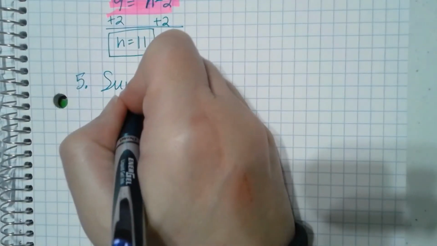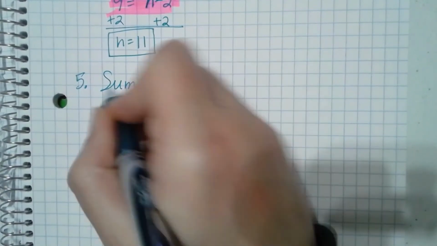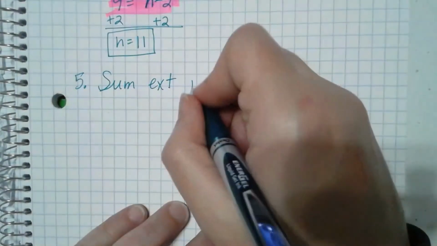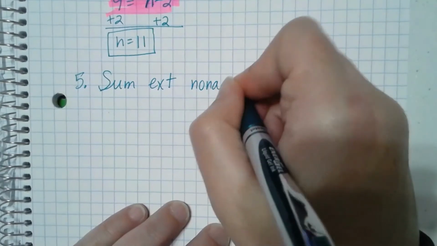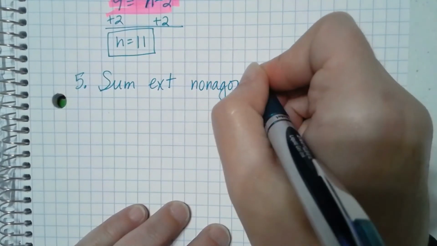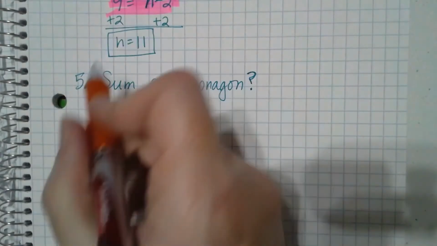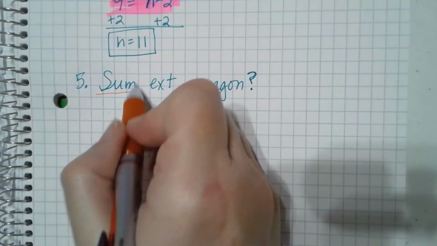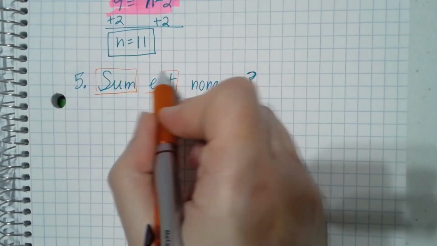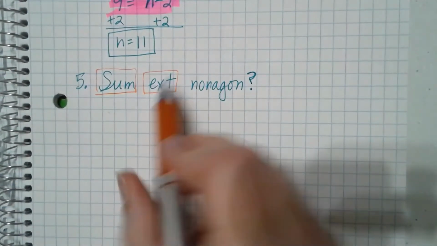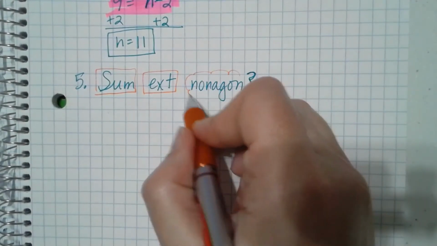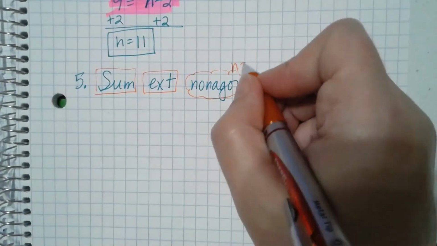All right, number 5. On this problem, it asks us to find the sum of the exterior angles of a nonagon. Okay, so again, this tells me a couple different things. It tells me sum exterior, so that's going to tell us which formula we're using. And this nonagon tells me that n is how many?